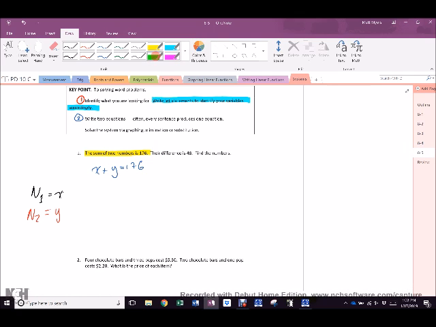Is that a second sentence? Yes. What math is it speaking of? Subtraction. X minus y must equal 48. Agreed? Is that a system?